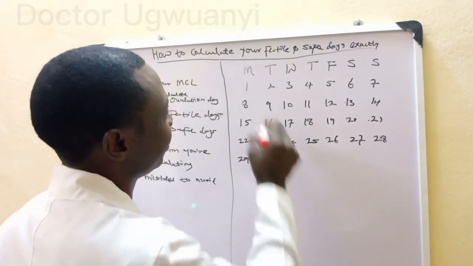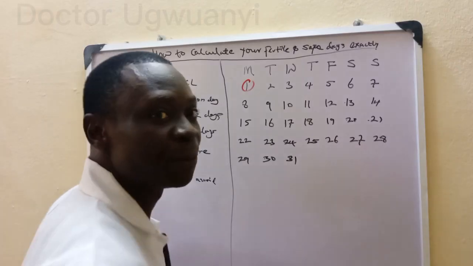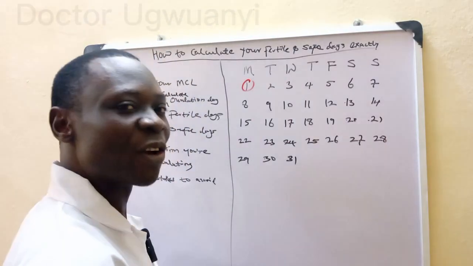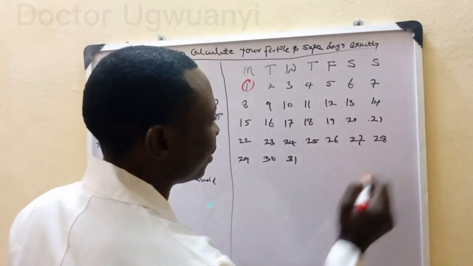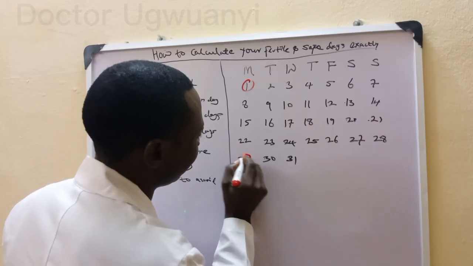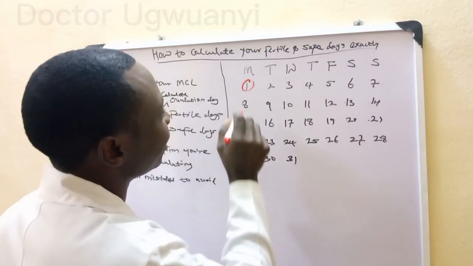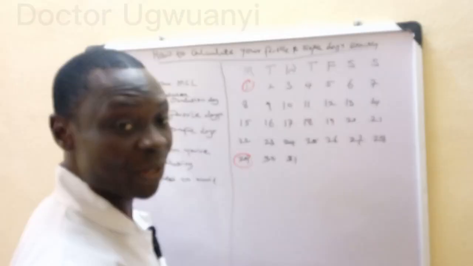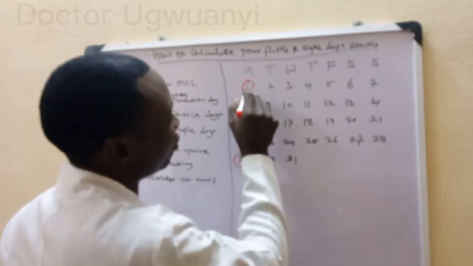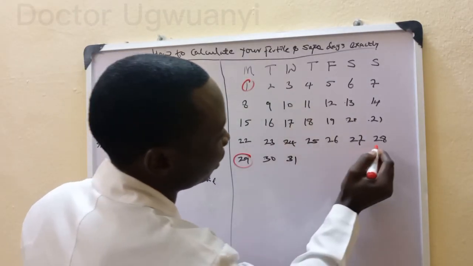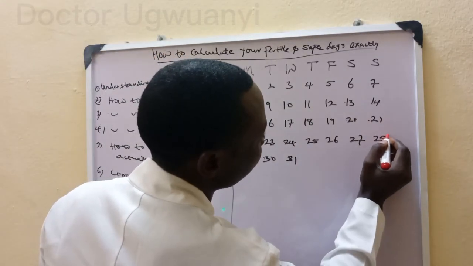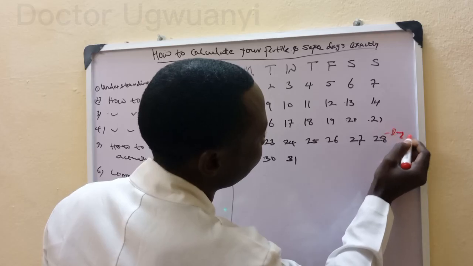Then you circle it, and the next time you're going to see it will be something around the 29th. So it means your menstrual cycle length is 1, 2, 3 to 28. So it means it's 28 days.